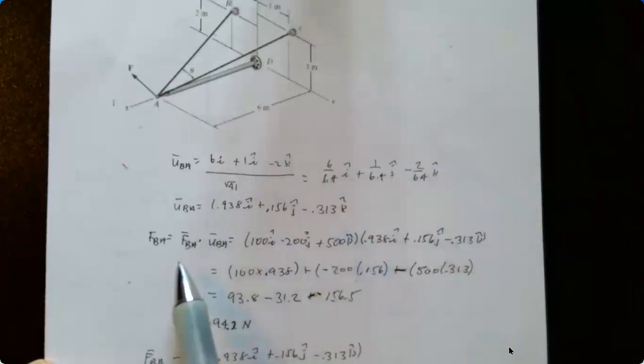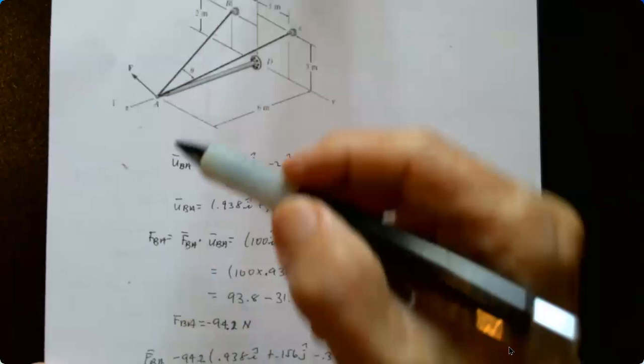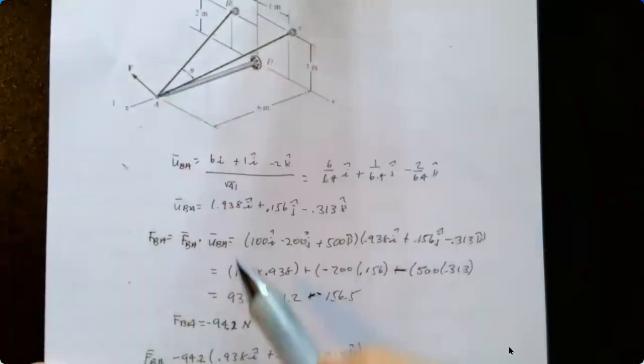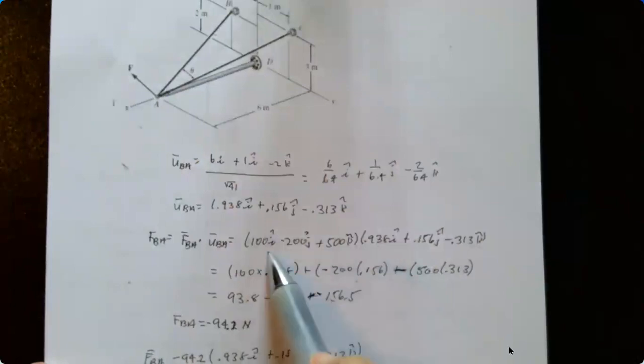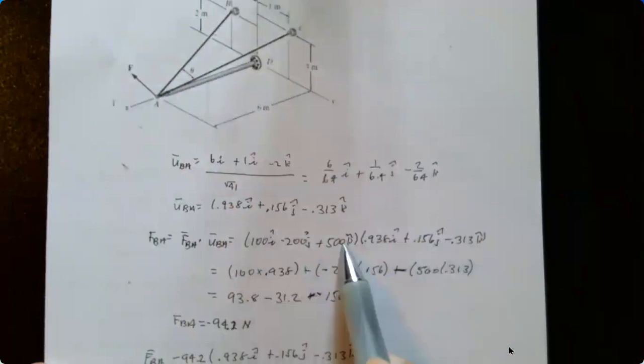And so the projection scalar F_BA is going to be the Cartesian vector times the unit vector. Here's the Cartesian vector acting on BA. This is the unit vector that we just calculated here. Dot product, I times I, J times J, K times K. So I did this here, keeping track of the signs, end up with scalar quantities.